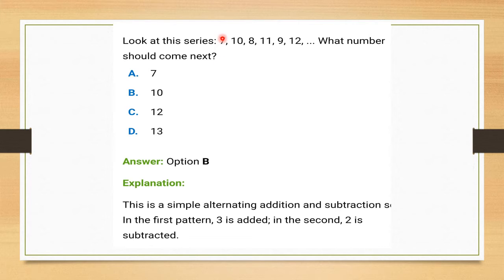Suppose we count from 7, then 8, then 9, and automatically this number would be 10. And if we have one more blank over there, then we can count from here 10, 11, 12, then 13. So the answer would be 13 for the next-to-next blank.